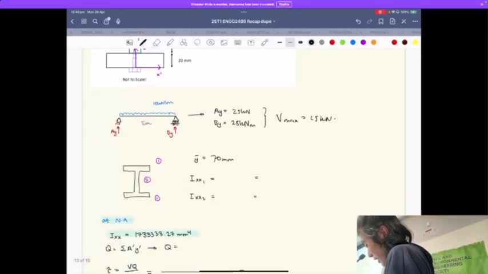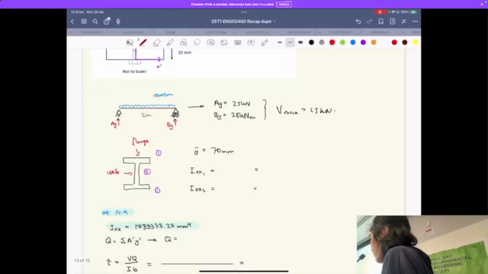But let's do Ixx1 and Ixx2. Ixx1 is basically the flange. For shear flow, you might have to know these conventions. This is called a flange, and this thinner part is called a web.